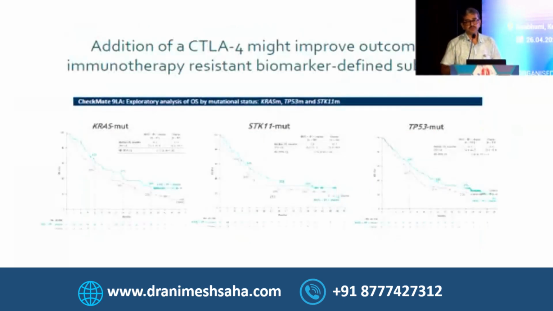If a concomitant mutation was there, these are basically resistant biomarker clones for immunotherapy.